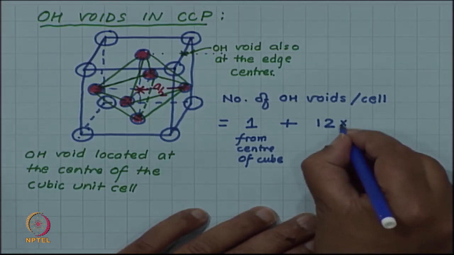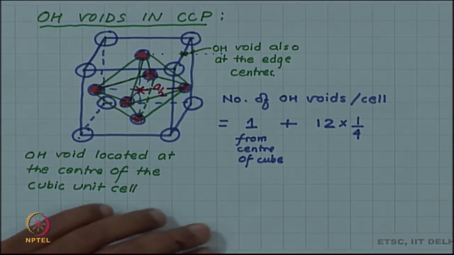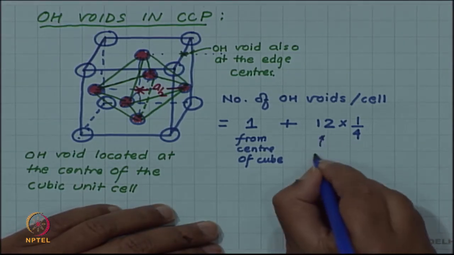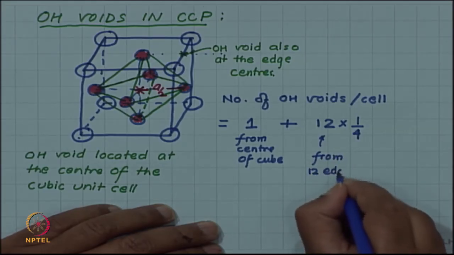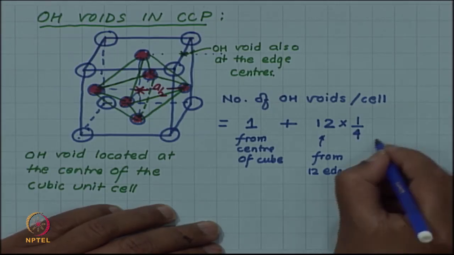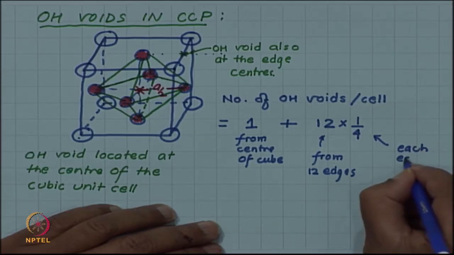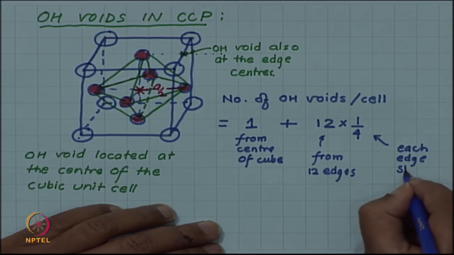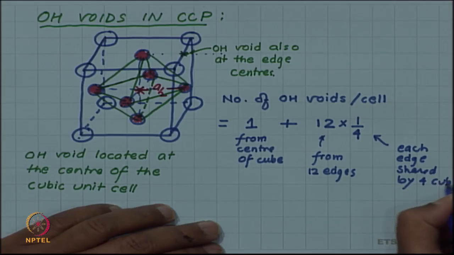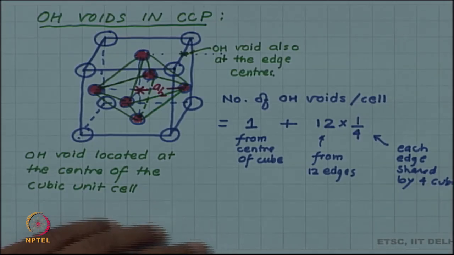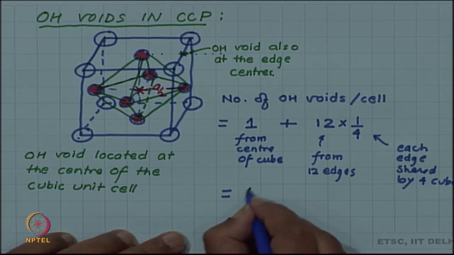So, effectively only 1/4 of the void belongs to each cube. So, 12 edges and 1/4 because each edge is shared by 4 cubes. So, this number then comes out to be 4.